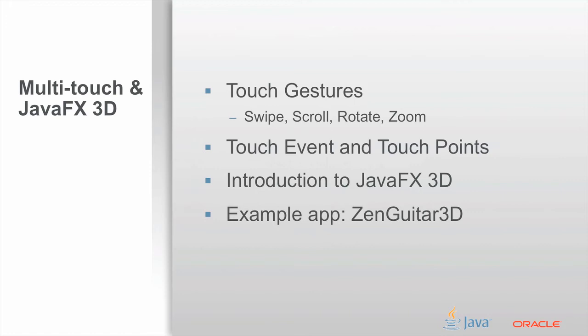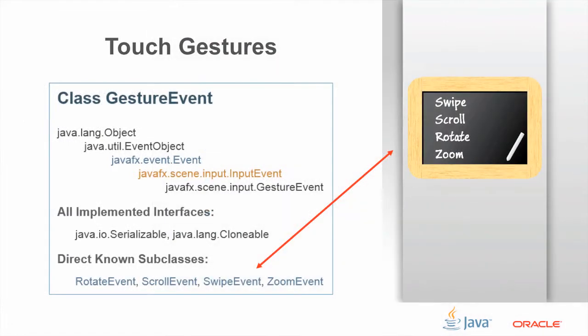And each touch event has touch points. But let me give you a brief introduction to JavaFX 3D. There are 4 different touch gestures. Those are all subclasses of gesture events. Those are rotate, scroll, swipe, and zoom.